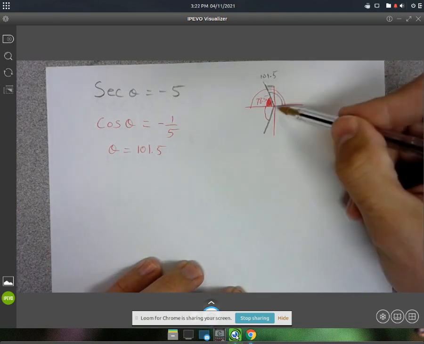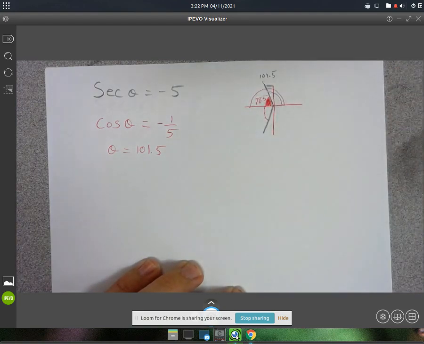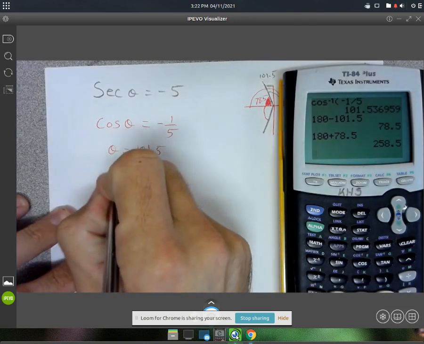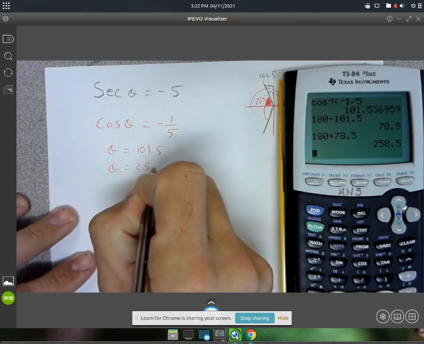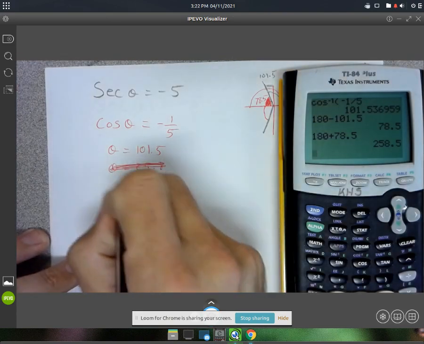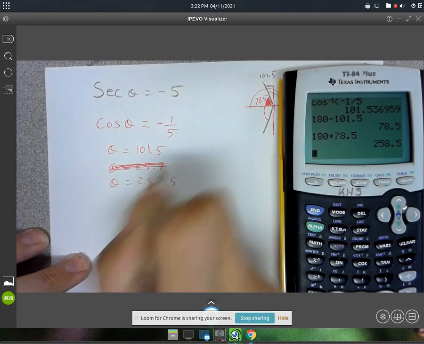But now I'm going to add that 78.5 onto my 180. And then that's going to be my third quadrant angle, 180 plus 78.5. So 258.5. Okay, theta is equal to 258.5.